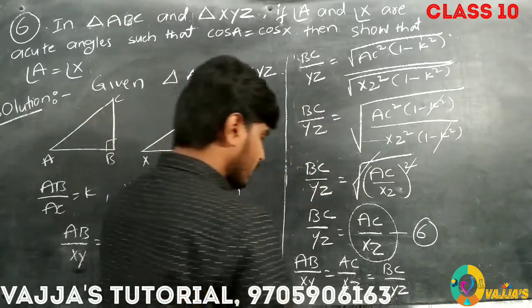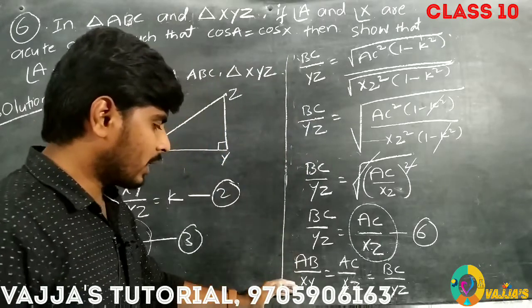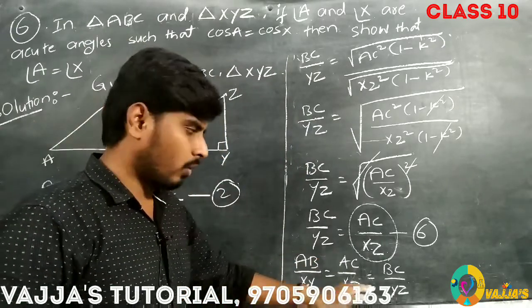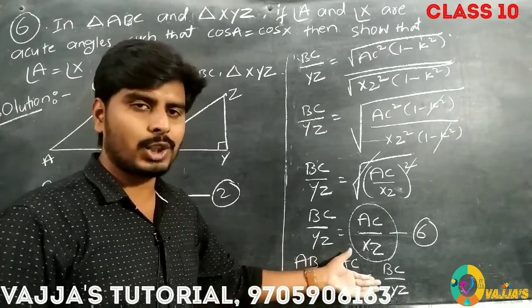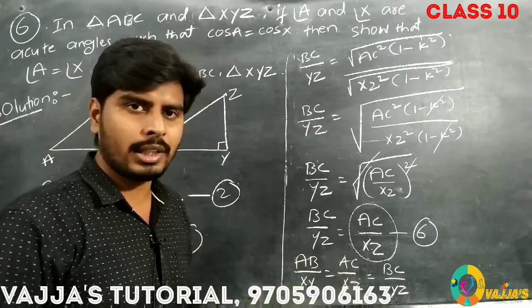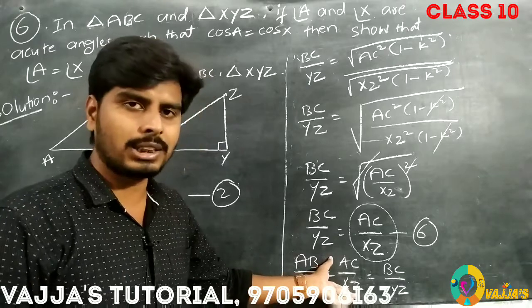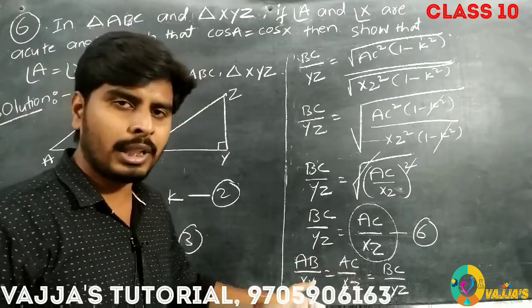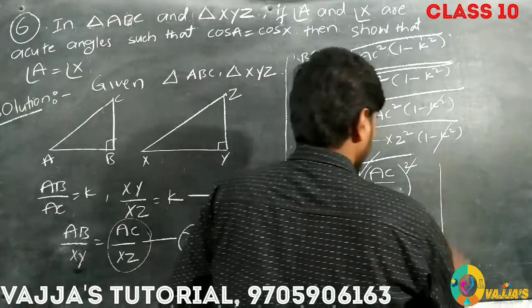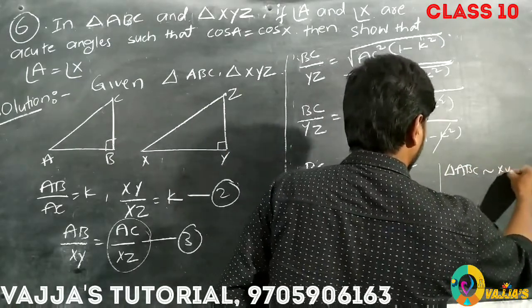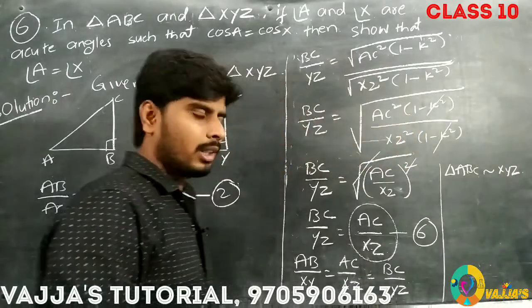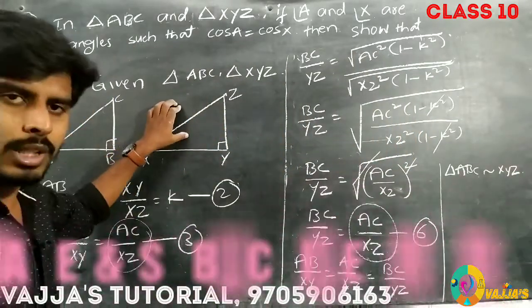Now we can say that AB by XY equals AC by XZ equals BC by YZ. It means all the corresponding sides ratios are equal, isn't it? We got here the corresponding sides ratio equal. It means what can we say? Triangle ABC is similar to triangle XYZ. It means these two triangles are similar.